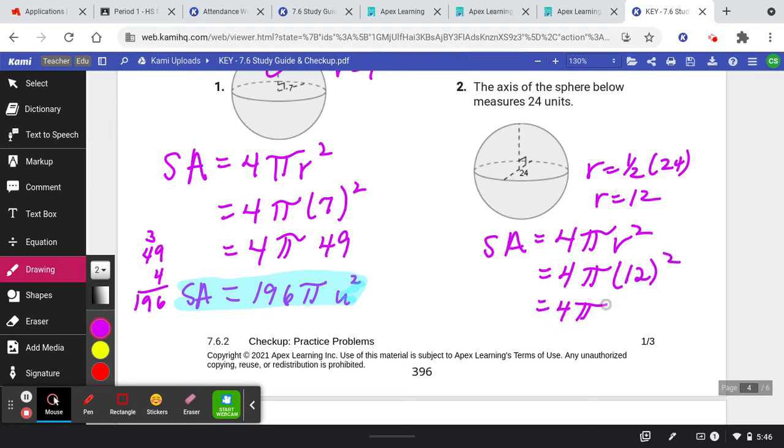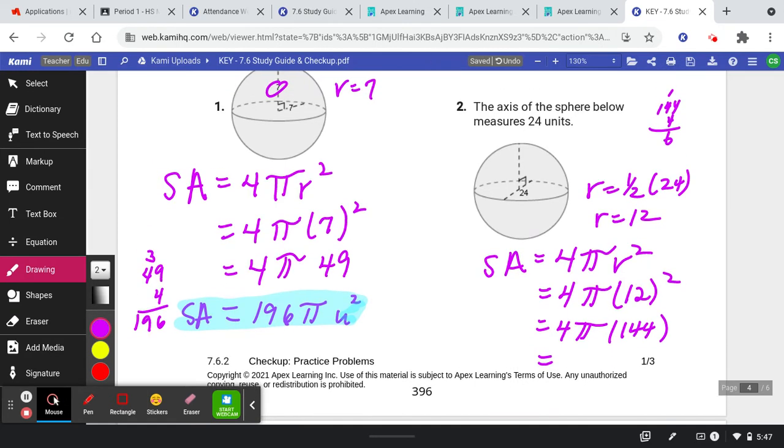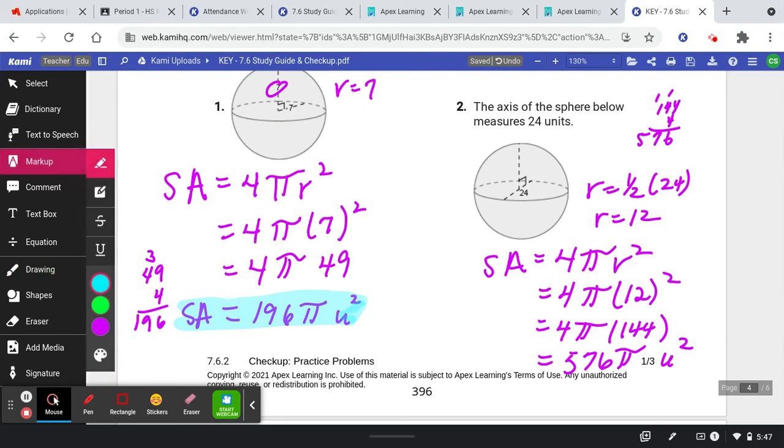So that's going to be 4 times 144. So 576 pi units squared is our surface area.